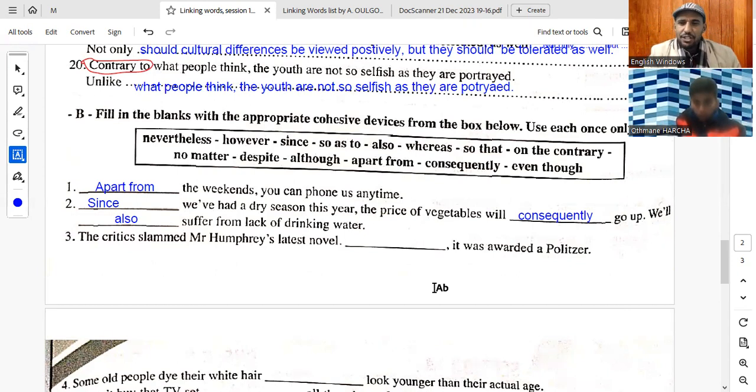The critics are the people who criticize a certain work; they slammed Mr. Humphreys' latest novel, meaning they said many bad things about it. But the result was what? It was awarded a Pulitzer. Nevertheless, very good. Nevertheless, it was awarded a Pulitzer.